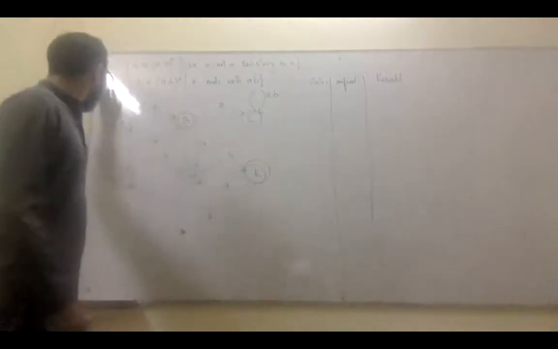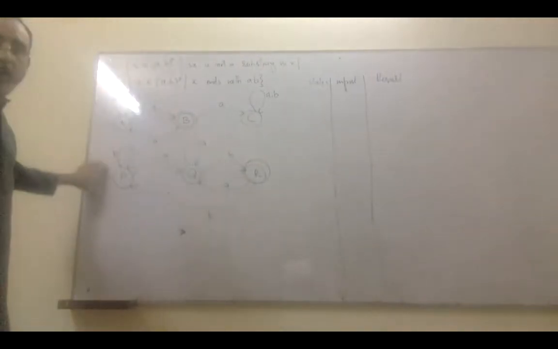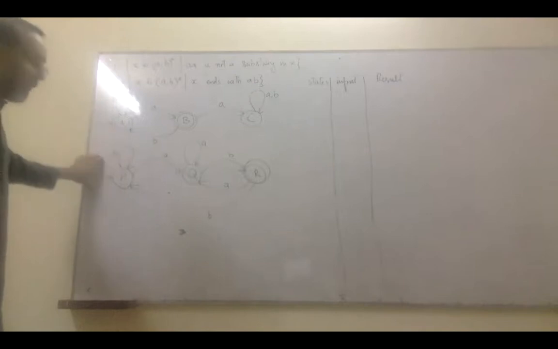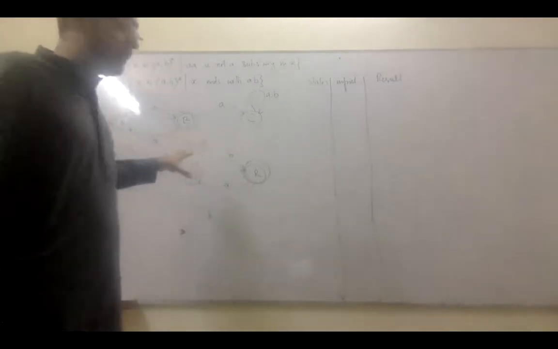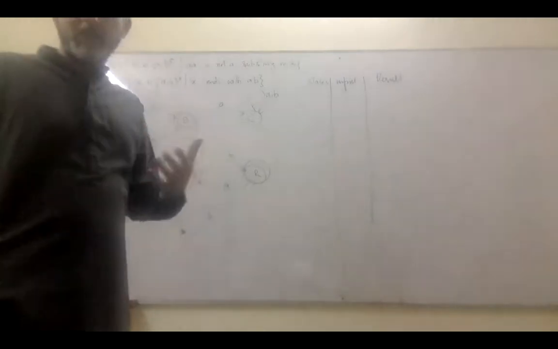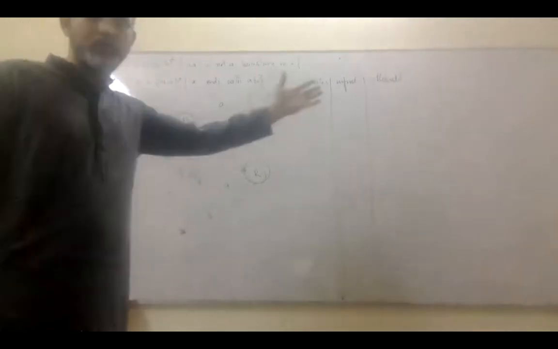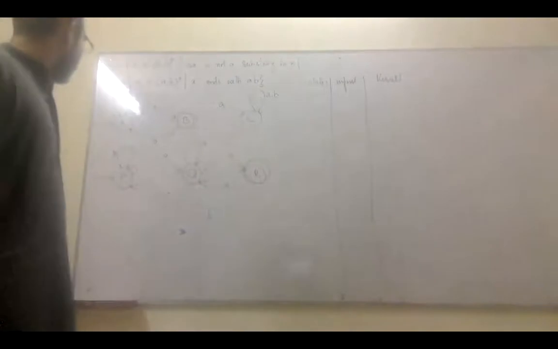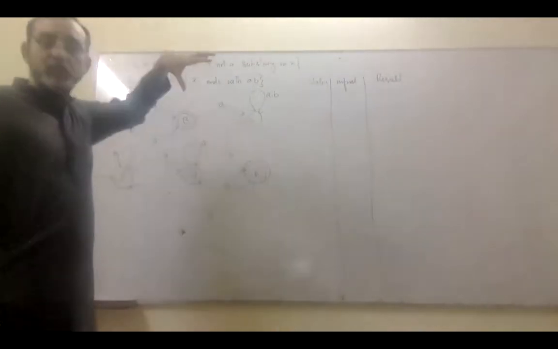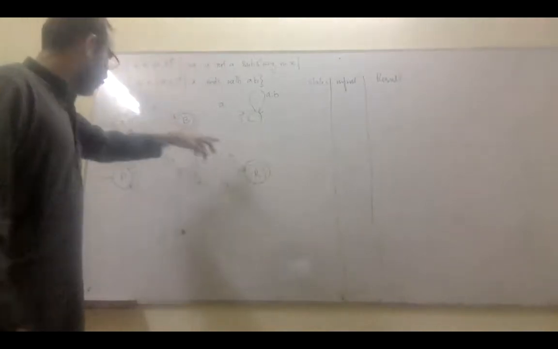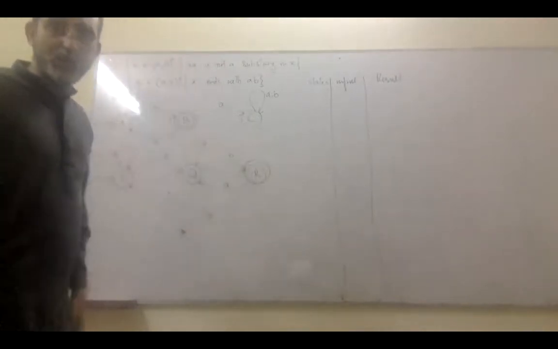So we have to draw the DFAs first, and this is something I have already drawn so that I can quickly go on to the actual things. If these two languages are given to you, the first step is to draw these DFAs by using your logic.